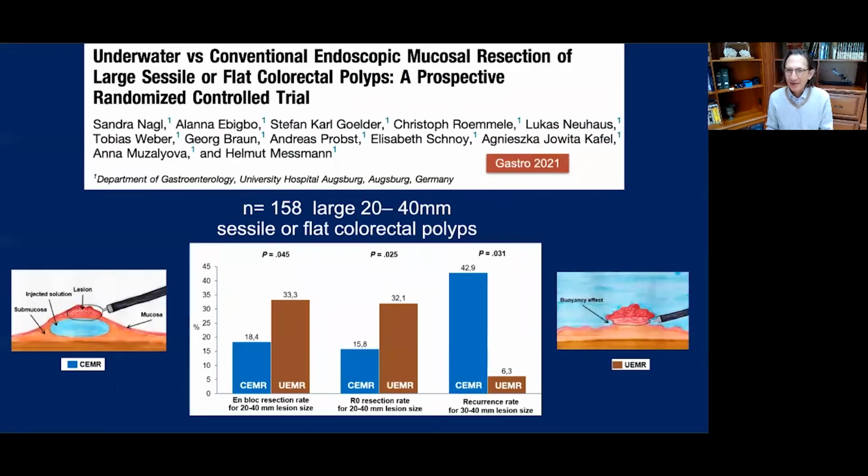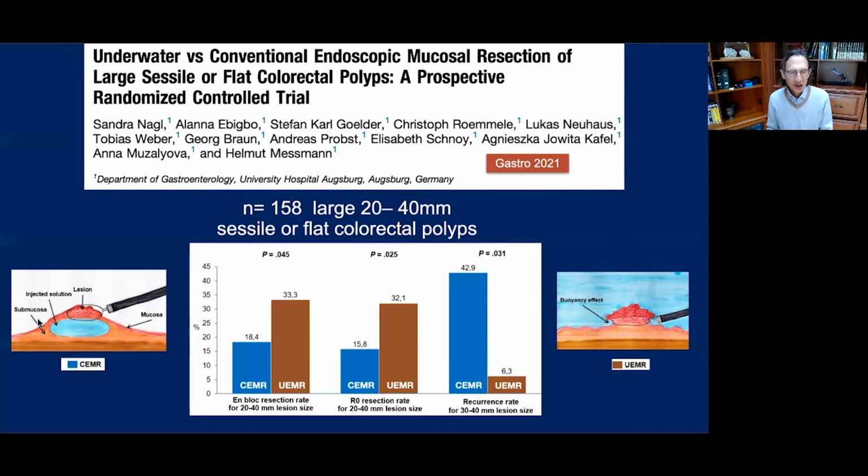We now have from this year, from a group in Austria, a comparison of UEMR and conventional EMR for large 20 to 40 millimeter polyps, a total of 158 sessile or flat colorectal lesions. And here you can see in the blue, the conventional EMR technique.